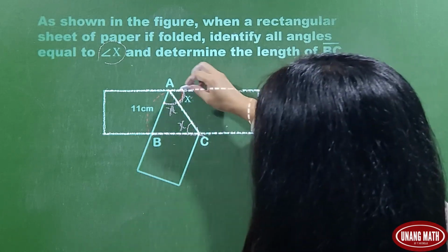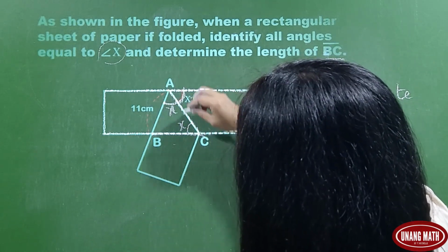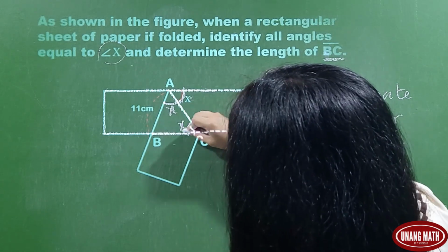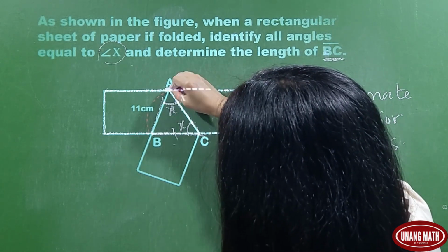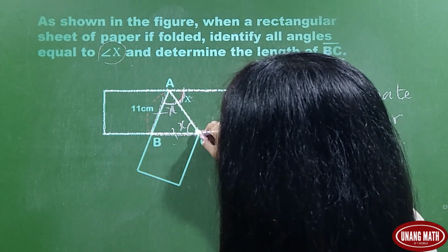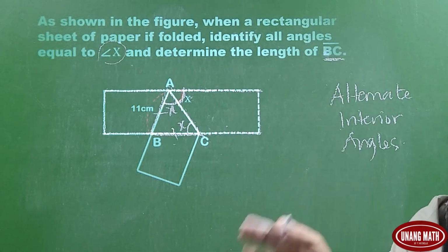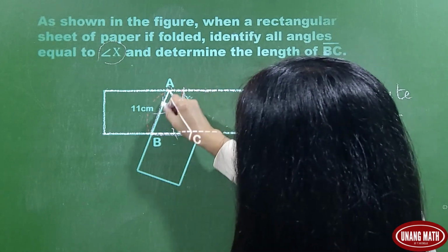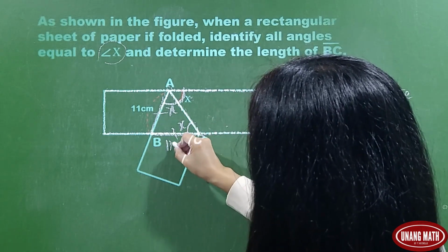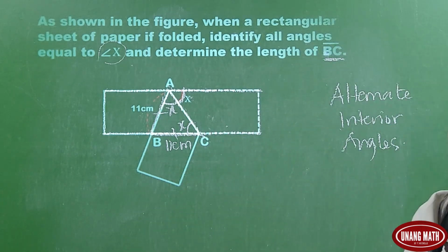From that, if this angle is angle X and this is angle X, then this side is equal to this side. So this triangle ABC is an isosceles triangle. If this is 11 centimeters, then segment BC is also 11 centimeters.